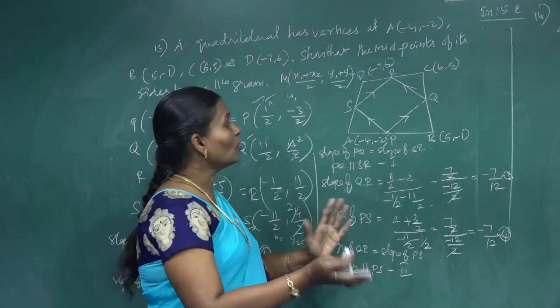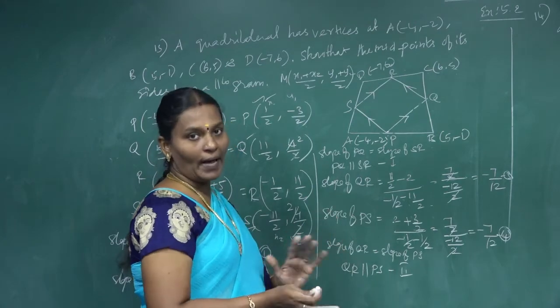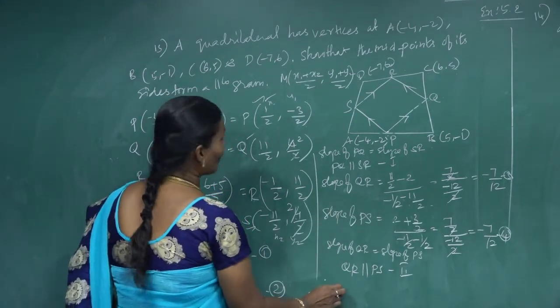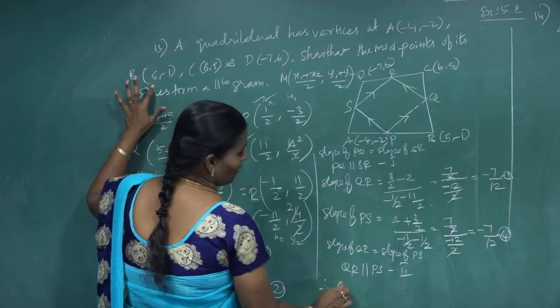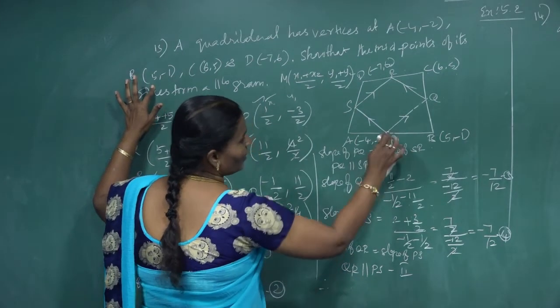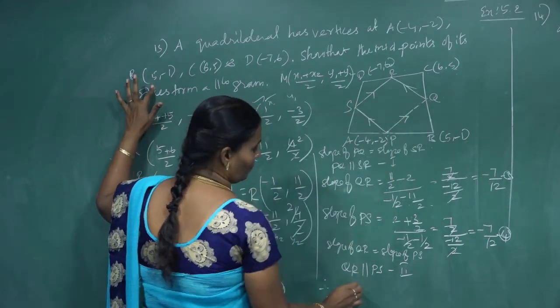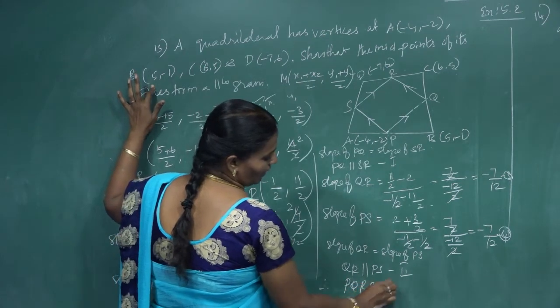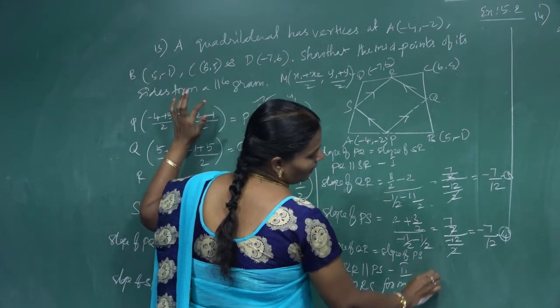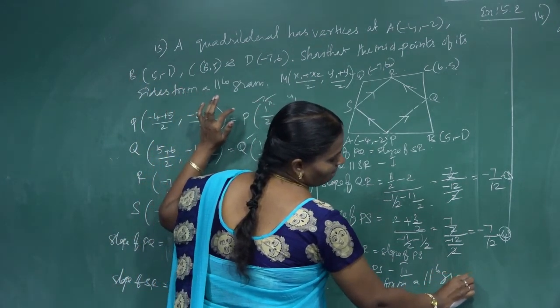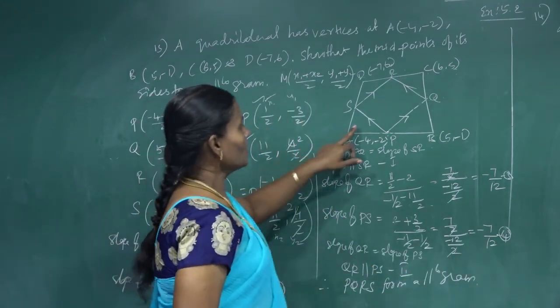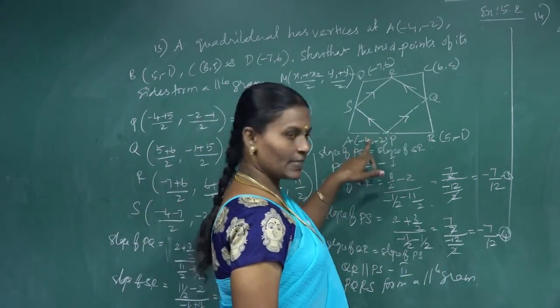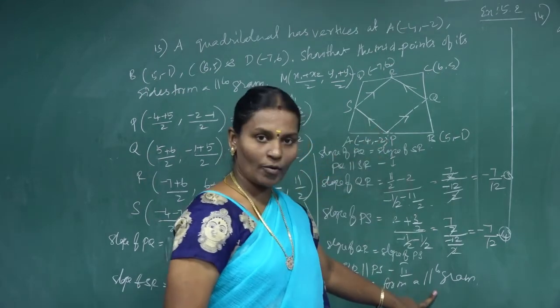That means both opposite sides are parallel. So therefore, what is that? The ABCD, sorry. Here PQRS form a parallelogram. Okay. So midpoints of sides of the quadrilateral form a parallelogram.